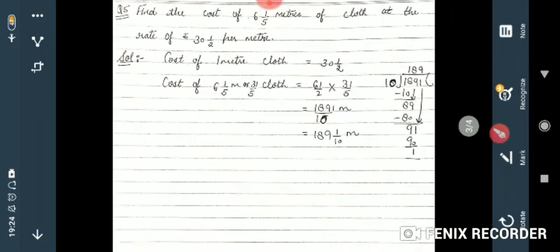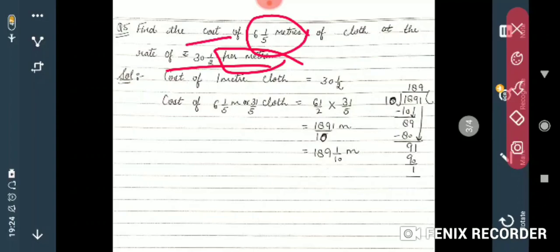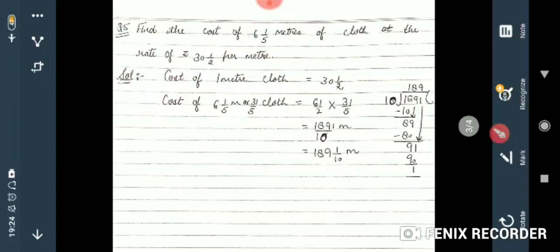Now just see the next question. Find the cost of 6 whole 1 upon 5 meter of cloth at the rate of 30 whole 1 upon 2 per meter. So you have to find the cost of 6 whole 1 by 5 meter of cloth when the rate is rupees 30 whole 1 by 2 per meter.